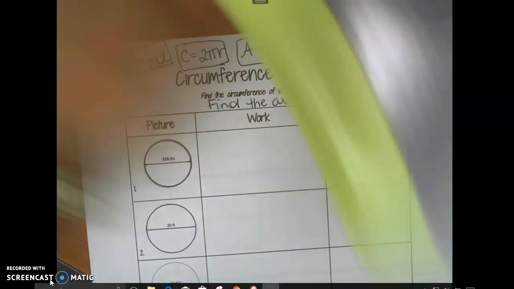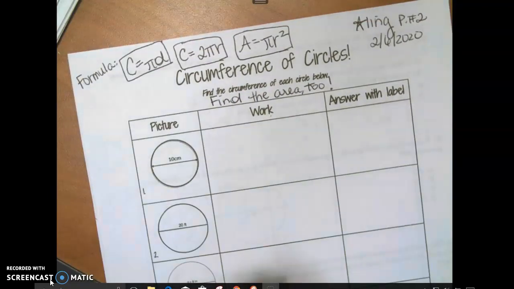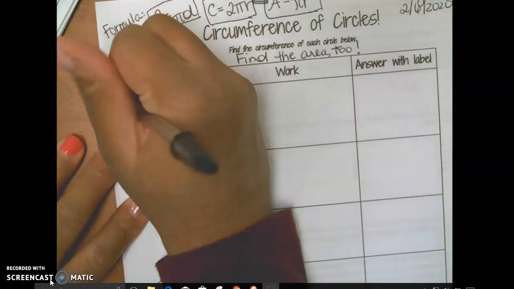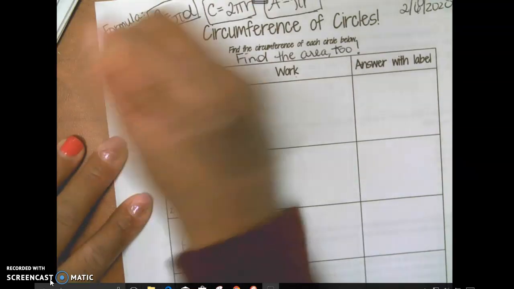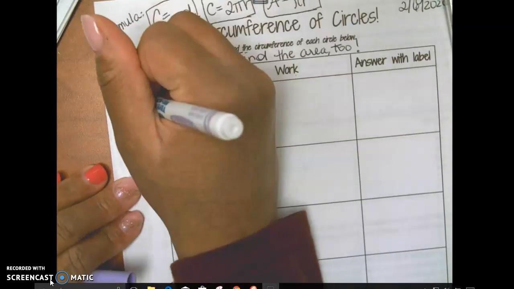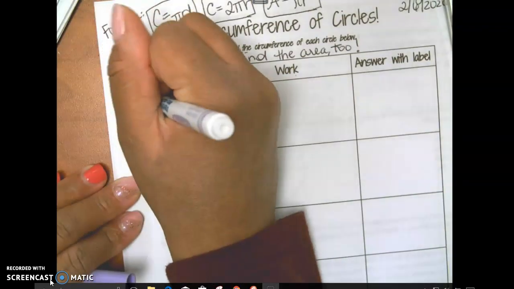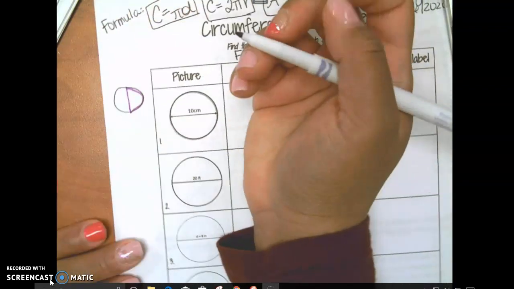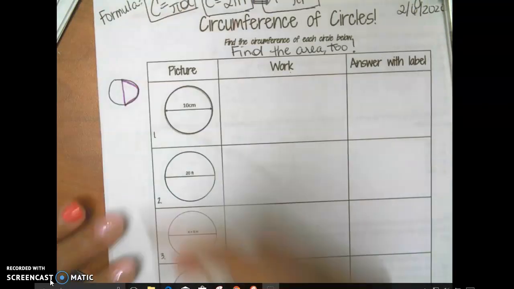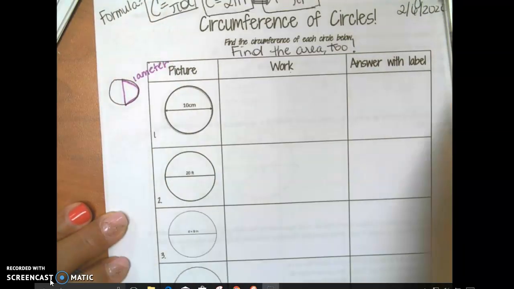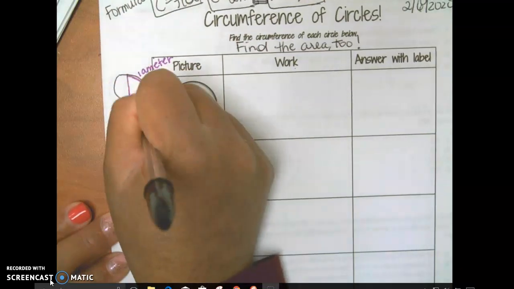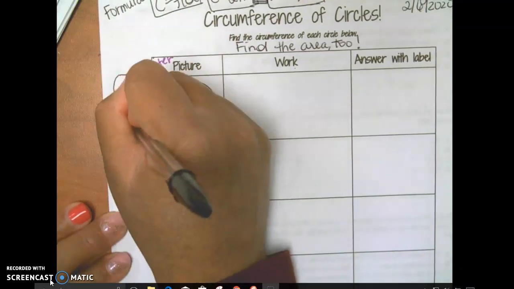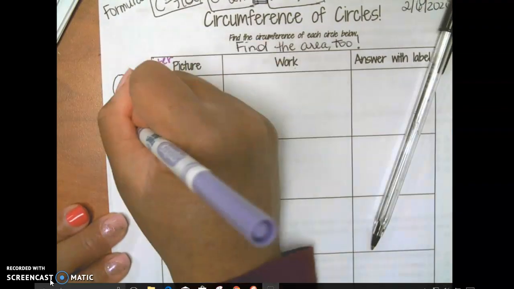Okay. Now, if I have a circle and I have a line that goes through the middle, who remembers what that's called? Diameter. You can see the letter D there. If I have a circle and I only have this much of a line, what is this called?